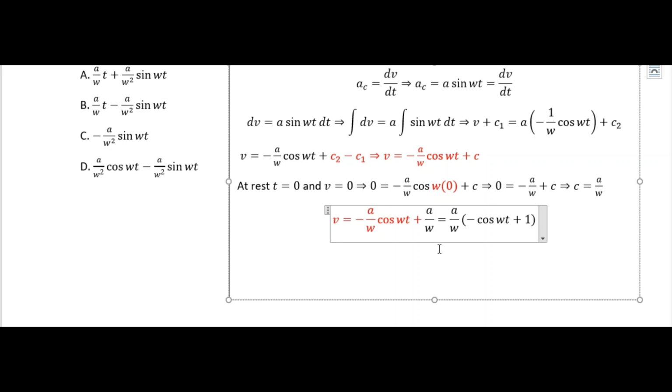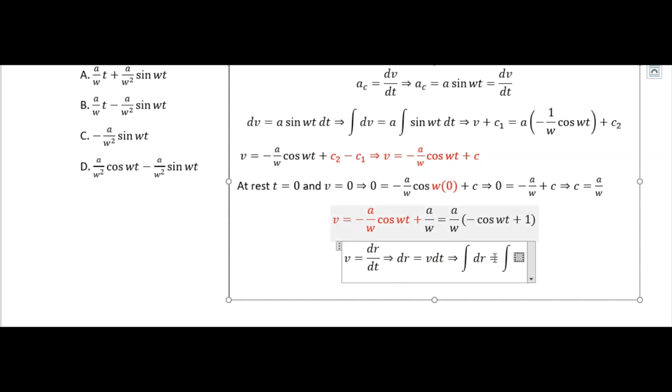Now let's link the velocity with the displacement, that is, the velocity with the position vector. The velocity is simply given by the derivative of the position vector with respect to time. If I multiply both sides by dt, I get dr is equal to v dt. With dr equal to v dt, I can now integrate both sides. The integral of dr is simply going to give me the integral.